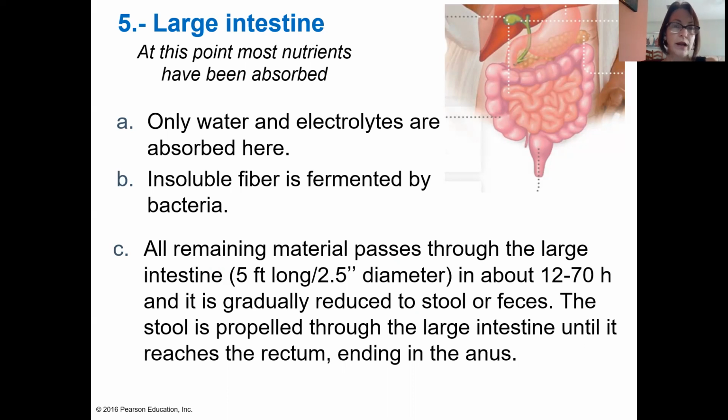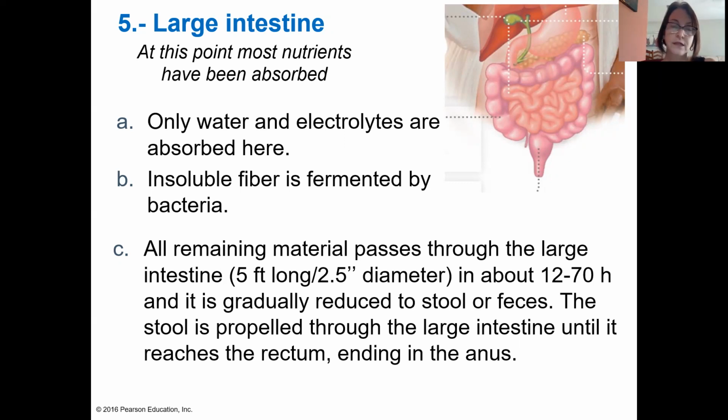It is also the place where fiber is not broken down, so it will pass as an intact molecule through your gastrointestinal tract. And then bacteria here in the large intestine will ferment this fiber. And this will have some good consequences in your health, your digestion, etc.